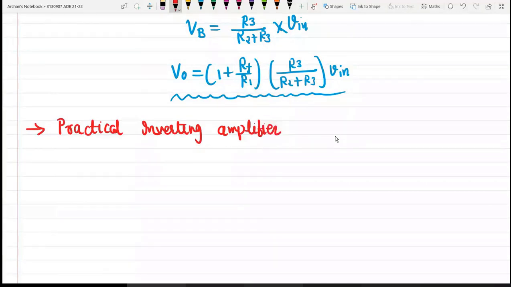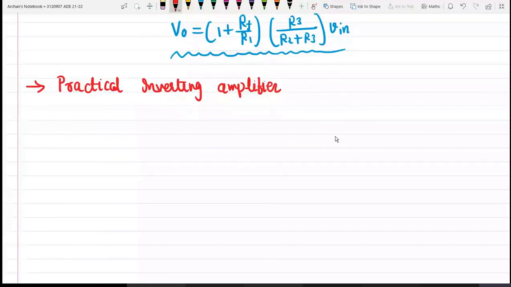Okay. Now if we compare our practical inverting operational amplifier with the standard one, that is the ideal operational amplifier, then what is the difference? The first difference is input resistance R in is less than infinite, because a practical op amp has some finite input current.